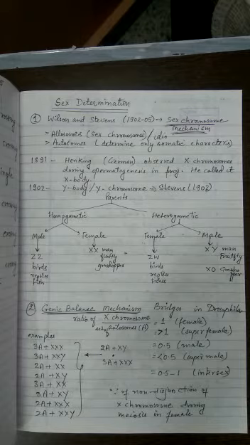The chromosome which controls the sex, though it may have more genes, is called the sex chromosome, allosome or idiochromosome. And remember, in humans, or you can say many organisms, the Y chromosome is called the androsome.